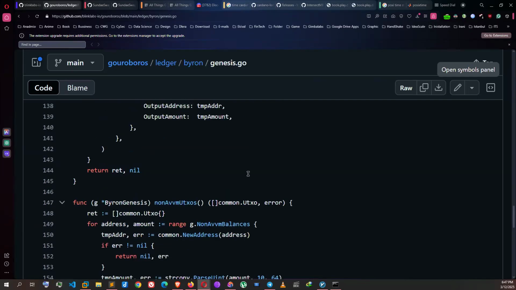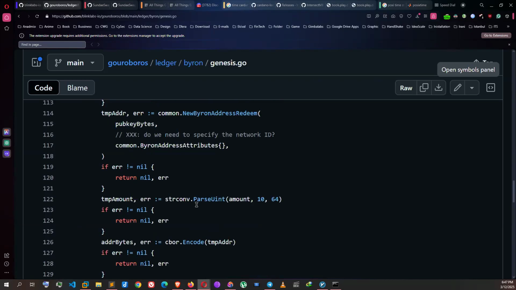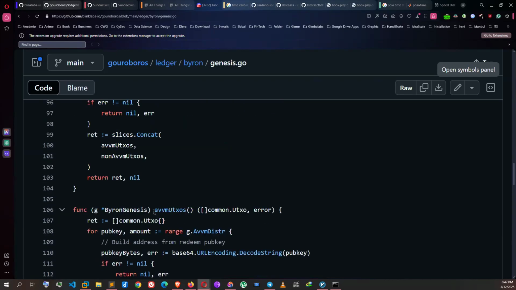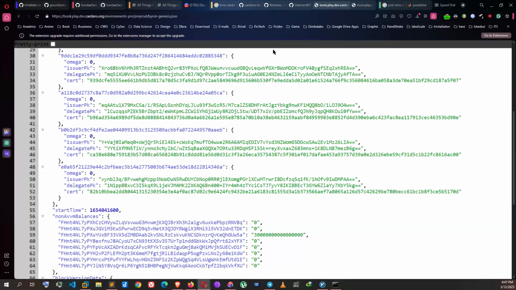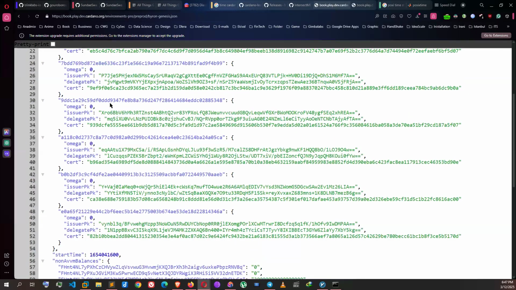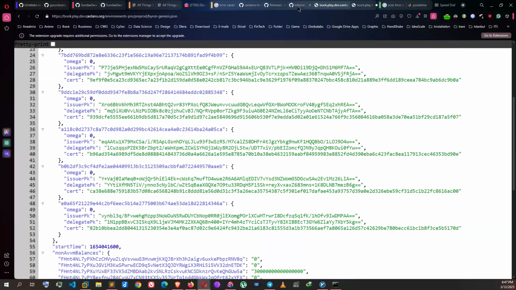I saw something else actually. I genuinely don't know, what are Genesis UTXOs, AVVM UTXOs? I think maybe these are the things we call Genesis UTXOs. Yes, a lot of this stuff here is where the first money went.